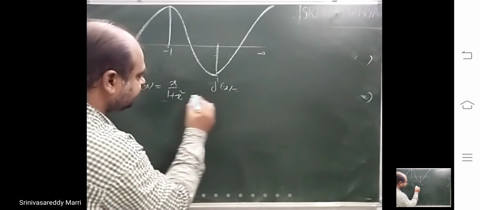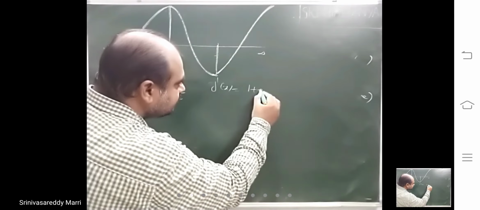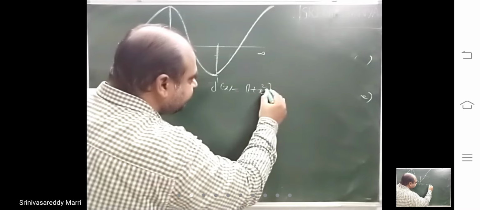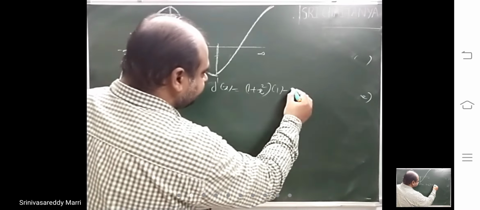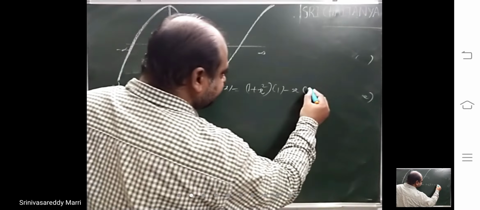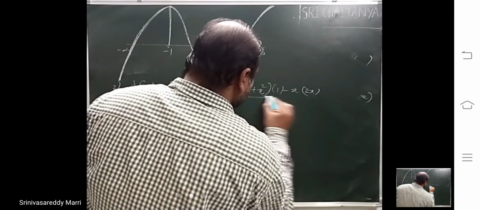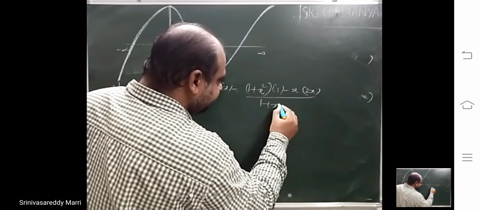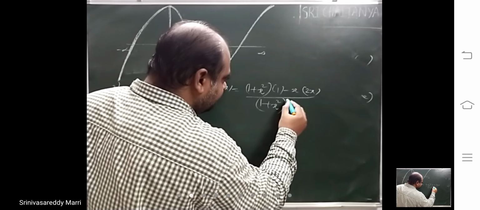f dash x equals u by v, that is (1 plus x square) into the derivative of x, which is 1, minus x into the derivative of 1 plus x square, which is 2x, divided by (1 plus x square) whole square.